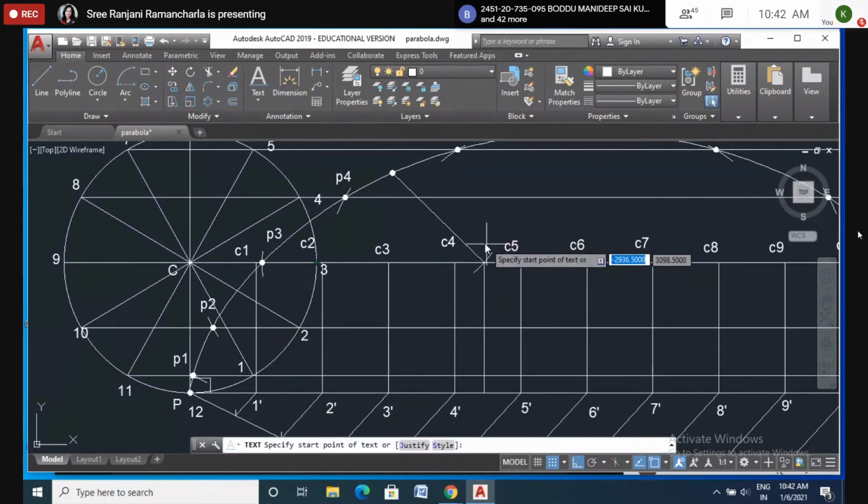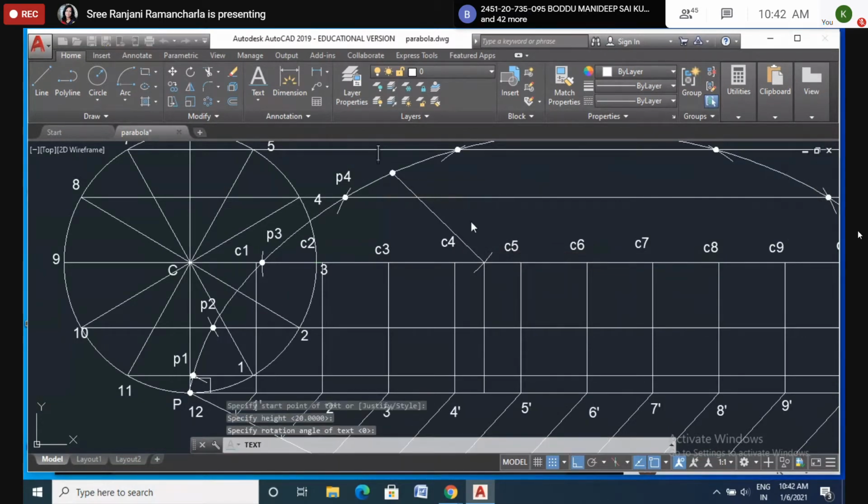This point is, let us say, point P. And this one as M. I want to make it capital letter M. And this one as M dash. M dash. Is it clear now? Have you all got what I'm doing here?